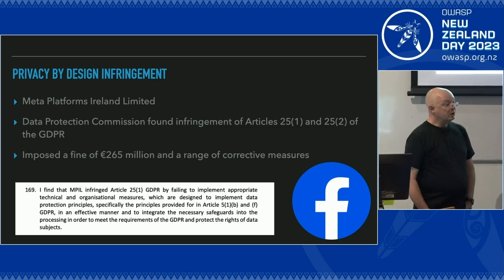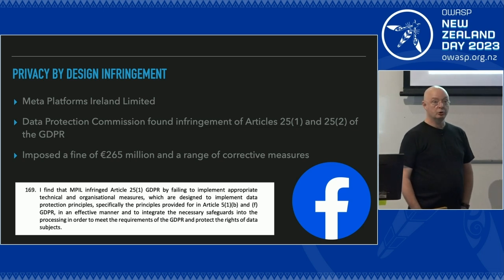So the Irish Data Protection Commission found that Facebook had infringed Article 25, the article that speaks about privacy by design. And as you can see, that was quite a meaty fine they got handed. So that's up into the territory where they're looking at the annual revenue of Facebook and using that as a basis for the fine.